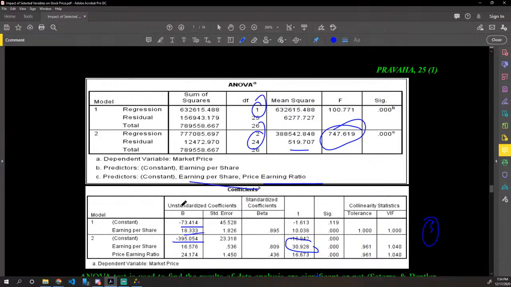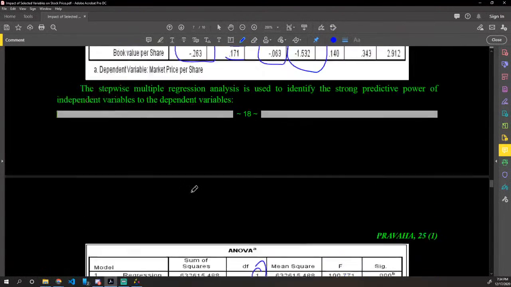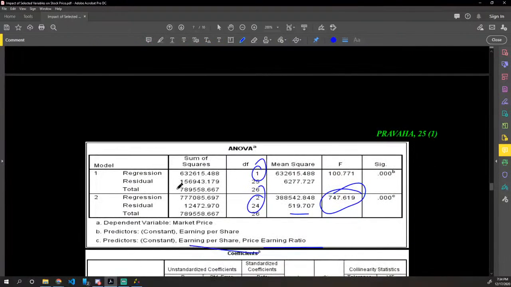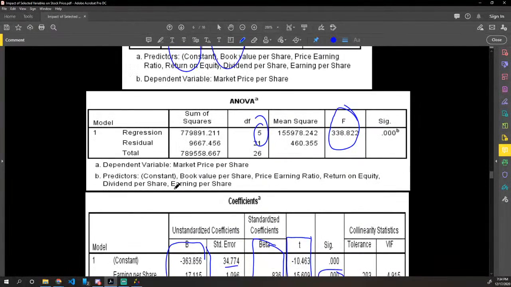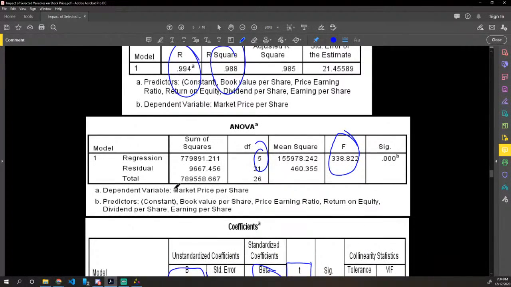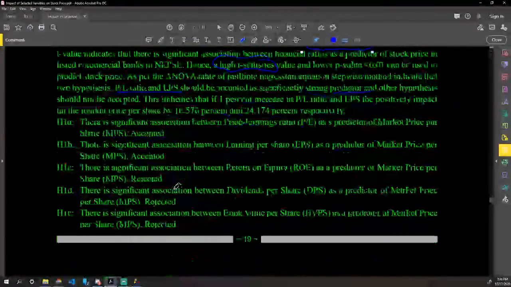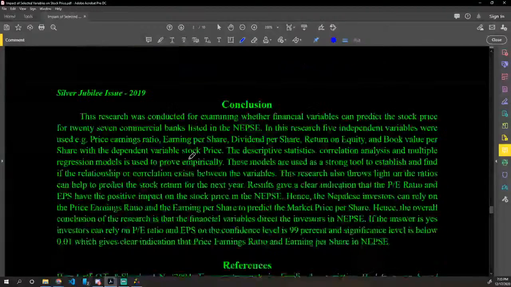Let's see about that. 16.5 and so on, and then 12 point something, right? Yeah, that's correct. Only two of them are accepted, PE and earnings per share.